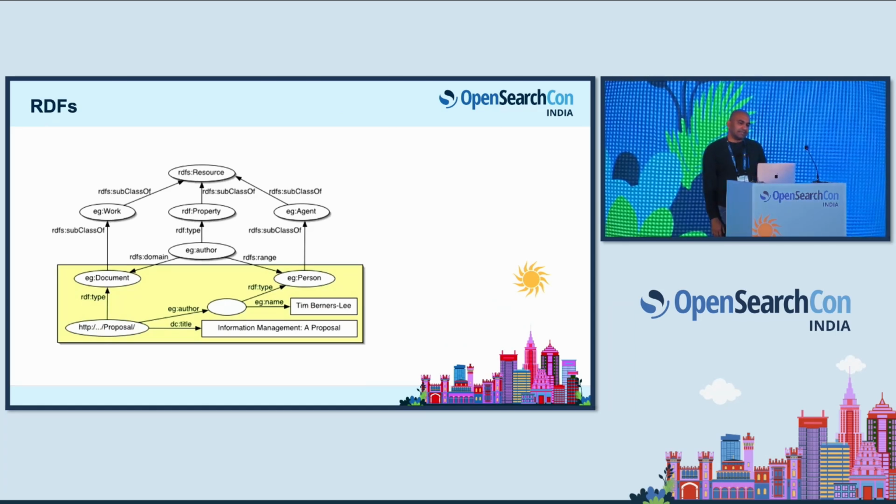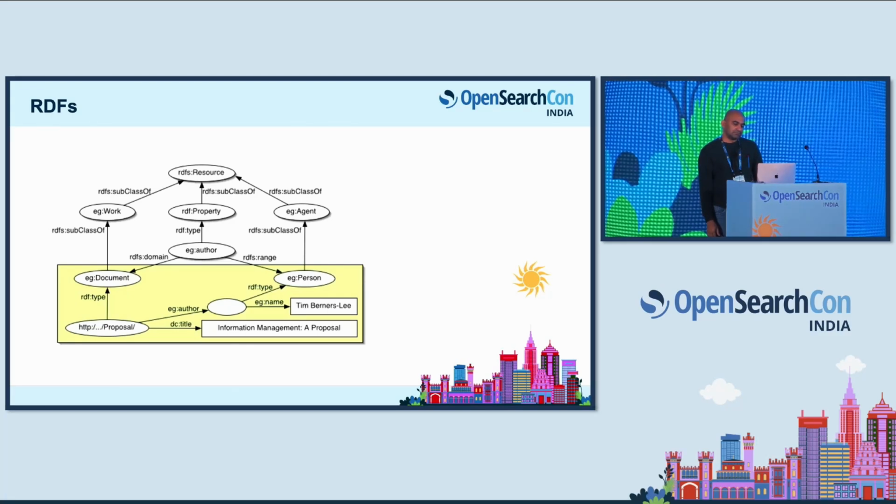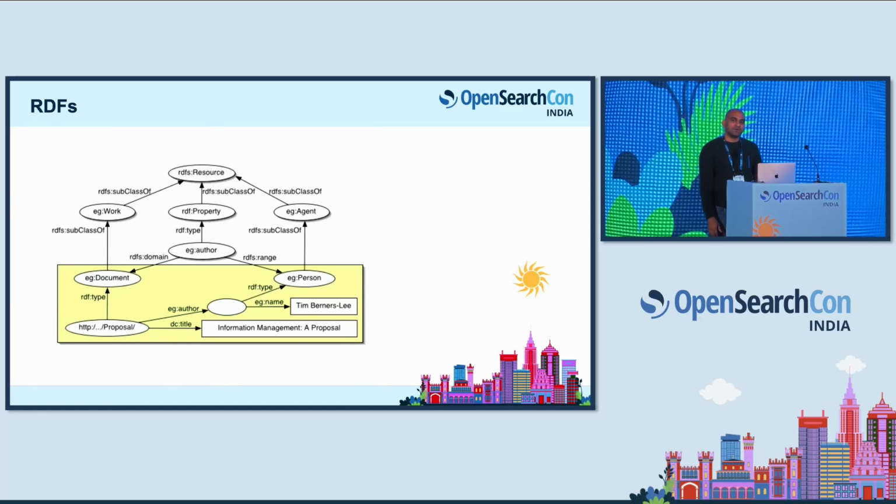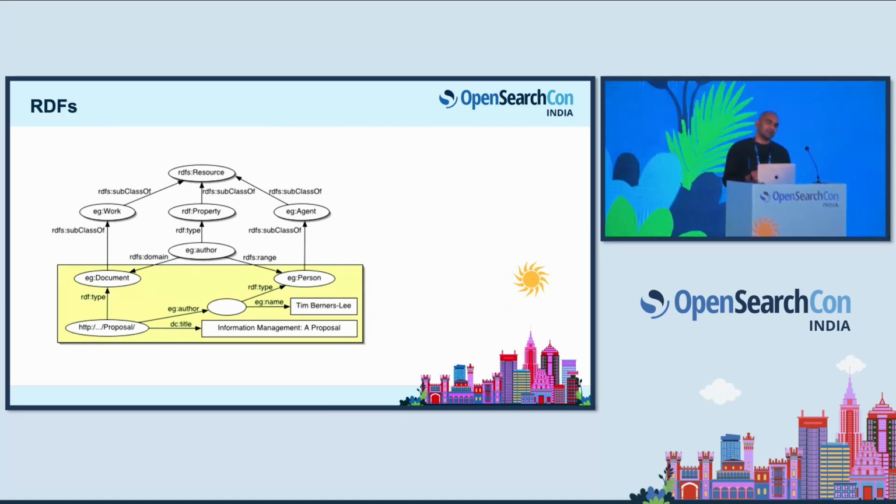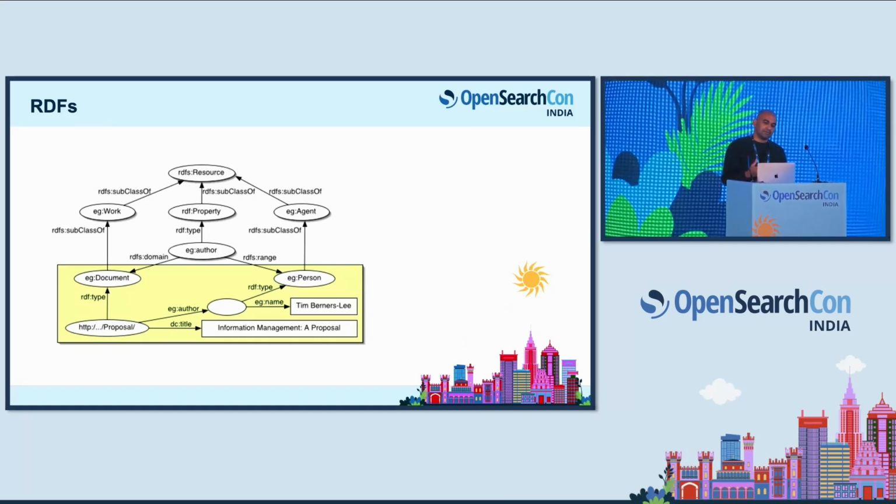One of the ideas, I think not so recent, is RDF, which stands for Resource Description Framework, and what it does is lay out a protocol for you to define your actions or events.